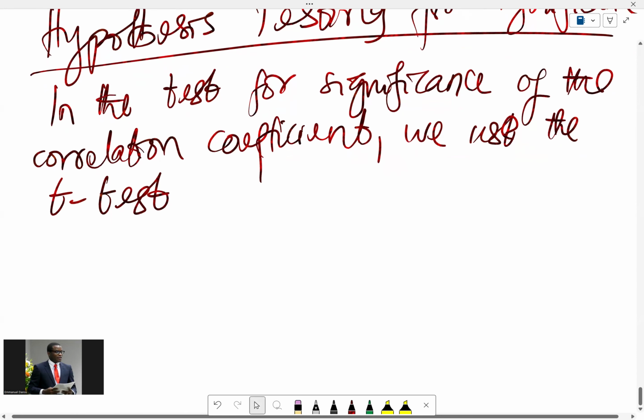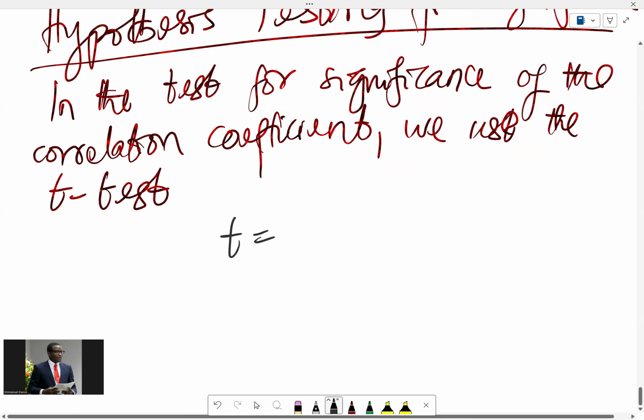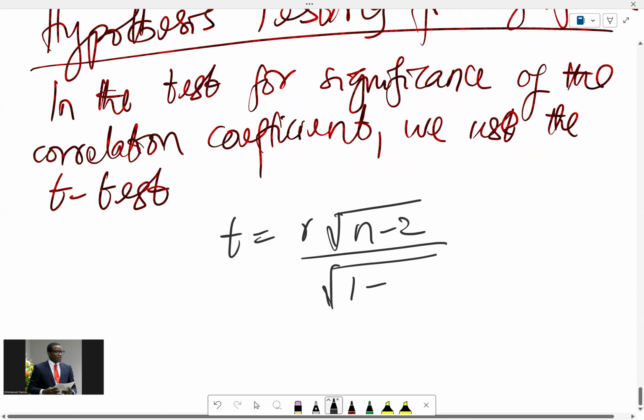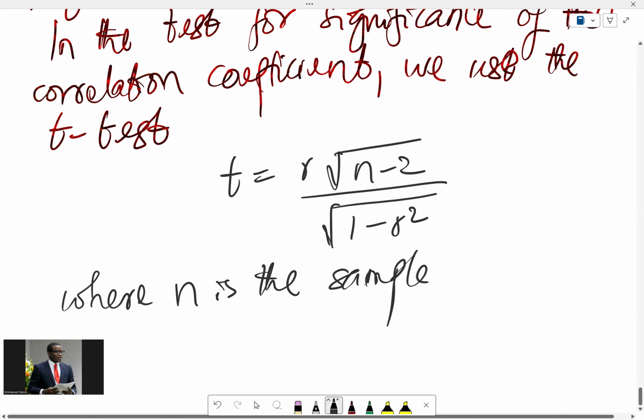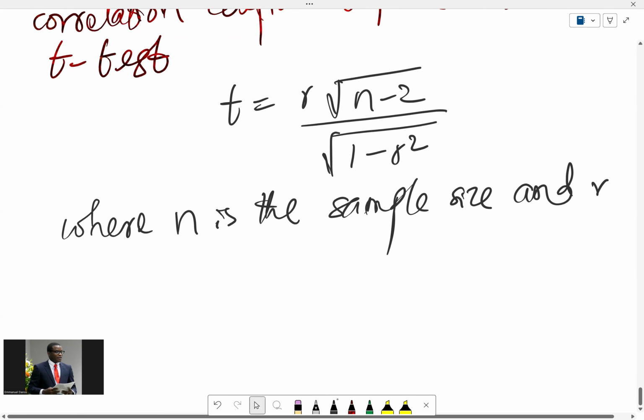And it is given as t equals r square root of n minus 2 over square root of 1 minus r squared, where n is the sample size and r is the correlation coefficient.